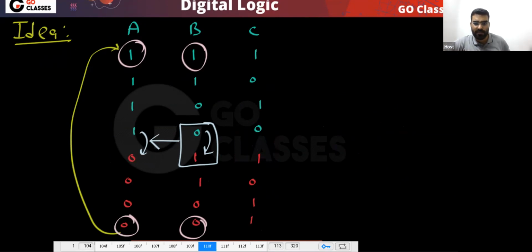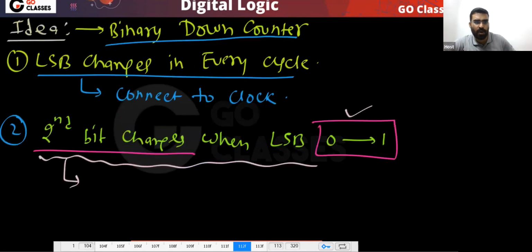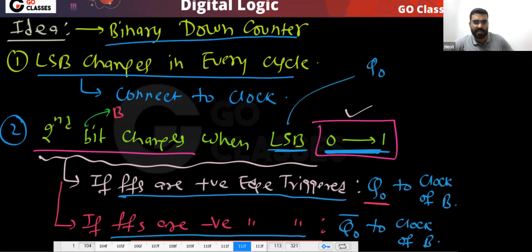So when is the MSB changing? I can say the third point. What is the third idea? The third bit, when is the third bit changing? That is A. Your third bit, your MSB.